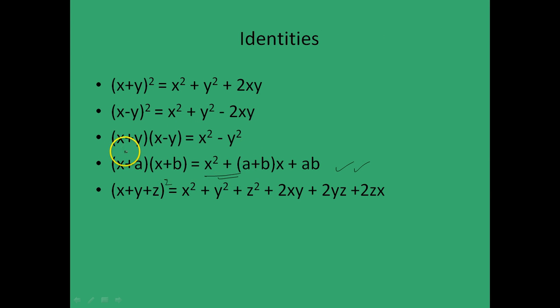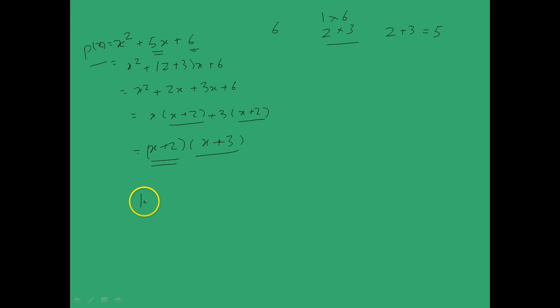Also, note that these identities are not just useful while we are discussing polynomials. They can in general be used to make your calculations easy. For example, let's consider taking out the square of 105.